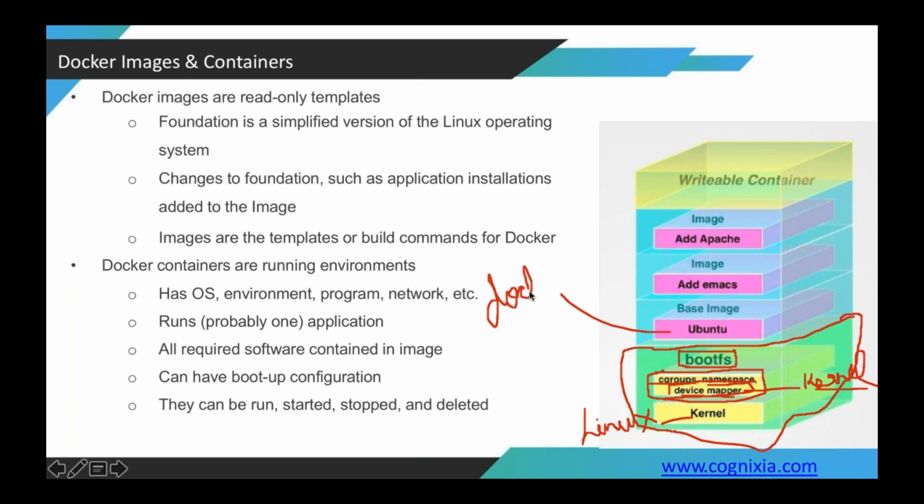I already told you that images are on dockerhub.com, so you can download the image from the Docker Hub. Once you download the image, it's downloaded over this boot file system and you can boot inside this image. This will allow you to create an Ubuntu based container.